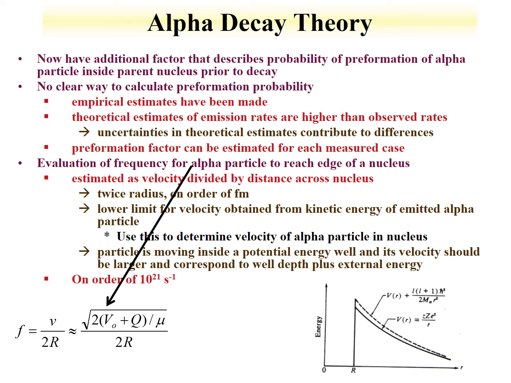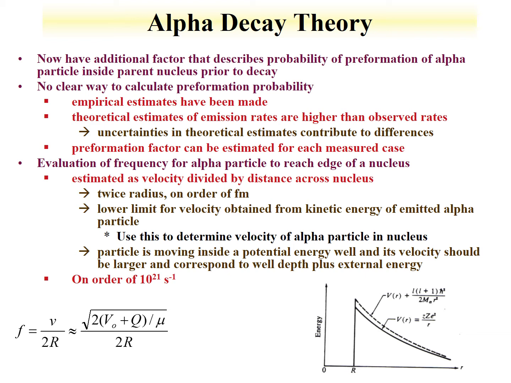It's basically related to the velocity of the alpha particle, and if we can calculate the radius of the nucleus, and we've already discussed how to do that, we take twice the radius. That's a distance that the alpha particle would need to traverse, and that's on the order of femtometers. We can get information about the alpha velocity from the kinetic energy, using 1/2 mv squared.